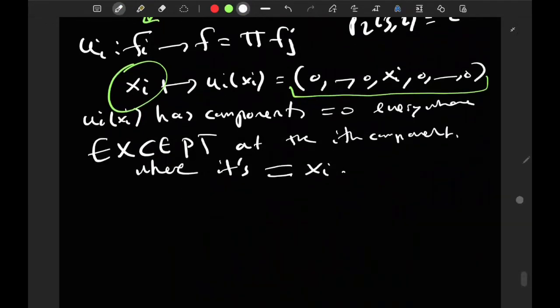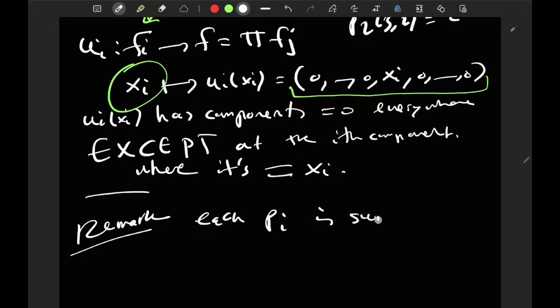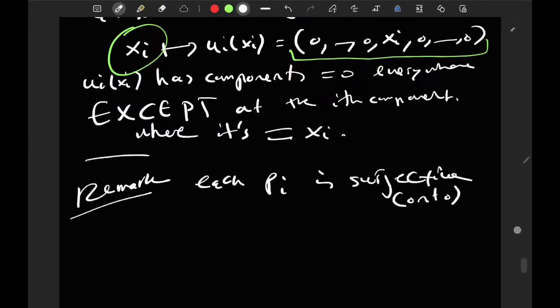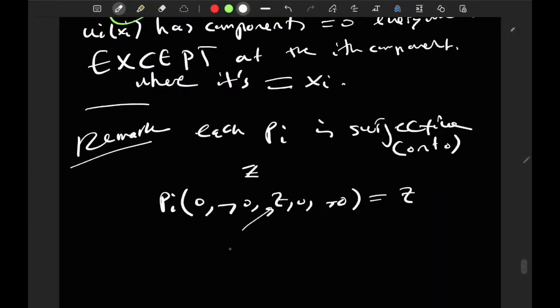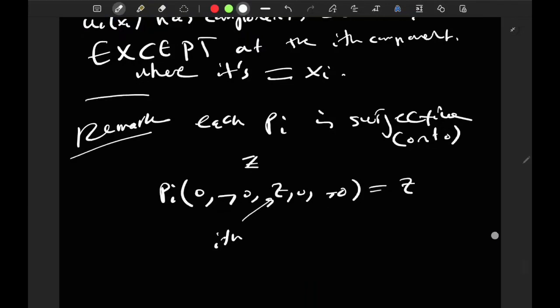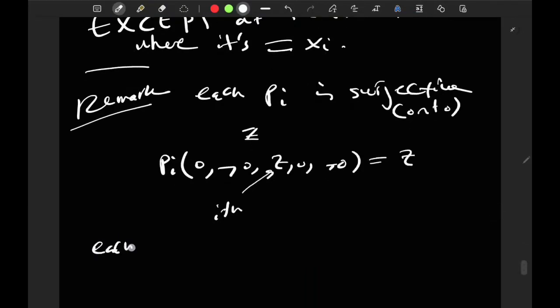So, remark. Each p_i is surjective, meaning an onto map. Why? Because give me any z, I can take the element (0, ..., z, ..., 0) where z is the ith component, and p_i of it gives z. So it's surjective, and each u_i is injective.